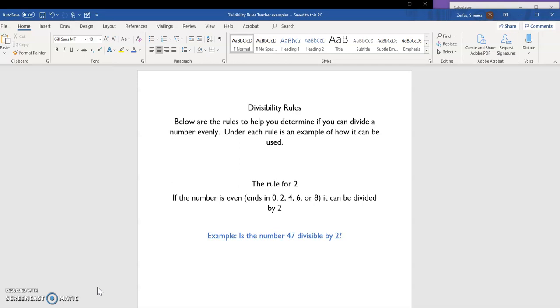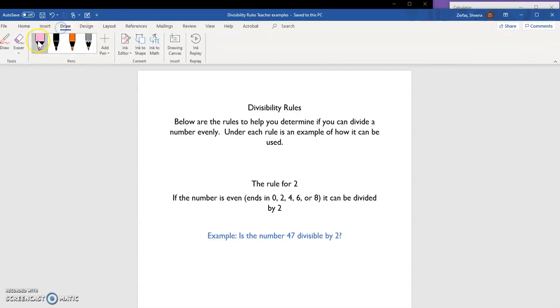For the first one, the rule is if we want to know, can we divide a number by 2? If it is an even number, which means it ends in a 0, 2, 4, 6, or 8, then that entire number can be divided by 2. So our example here is, is 47 divisible by 2?